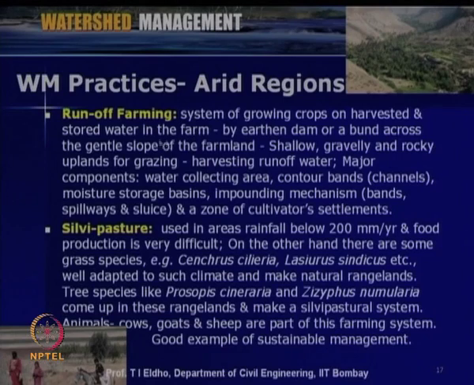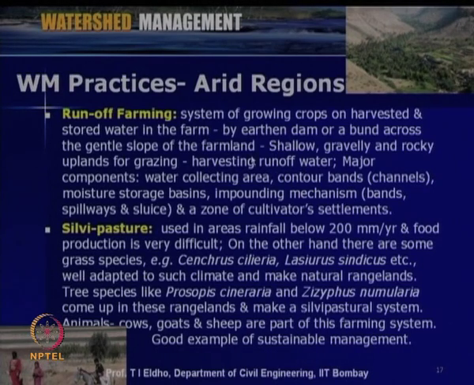So, if the rainfall is somewhat good, like 300 to 500 mm per annum, then we can go for better farming practices, and then various rainwater harvesting schemes.